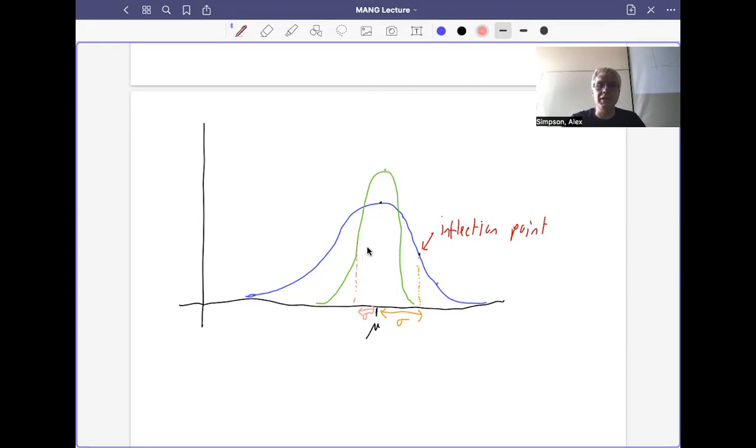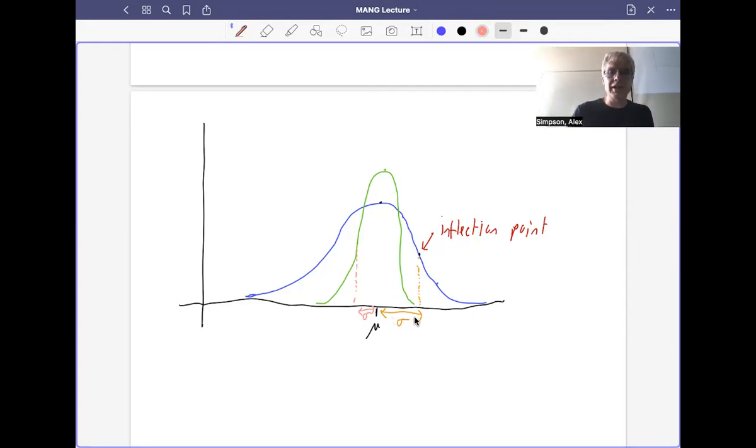Whereas with the green curve, it's a narrower curve, and only a very small proportion of the population has heights that are a long way from the average. So the standard deviation is measuring, if we take some typical value of the population, how far is it likely to be from the actual average of the whole population? So it's a measure of the spread.